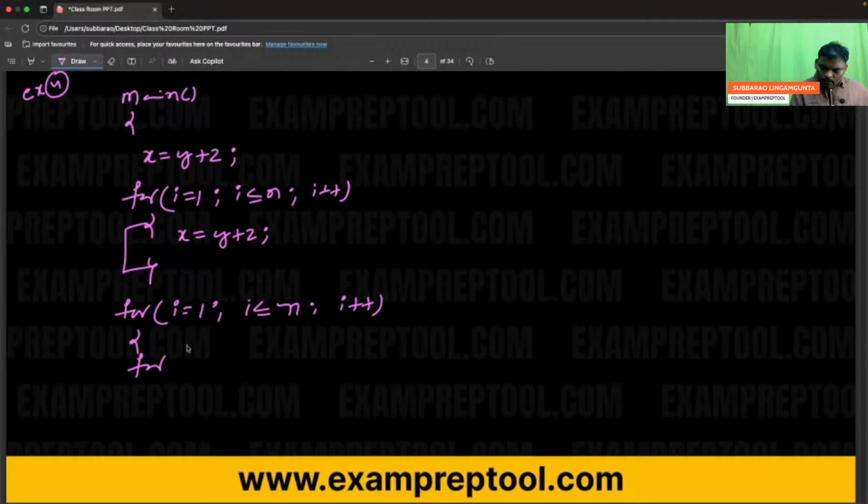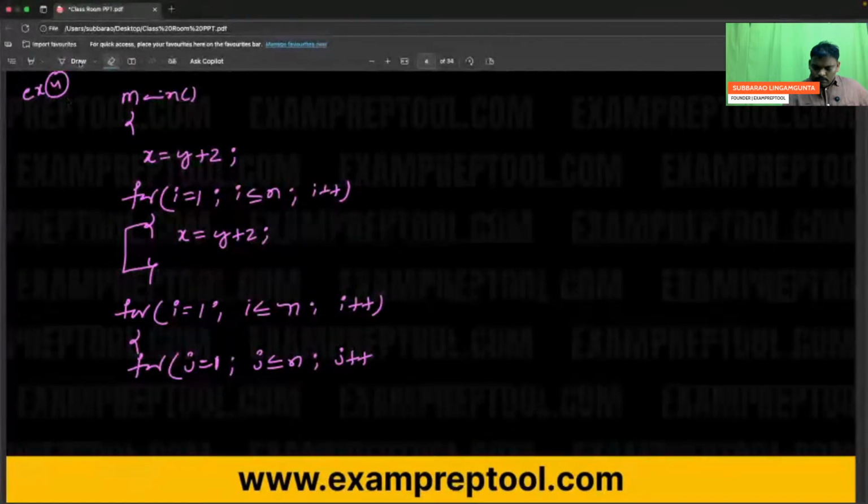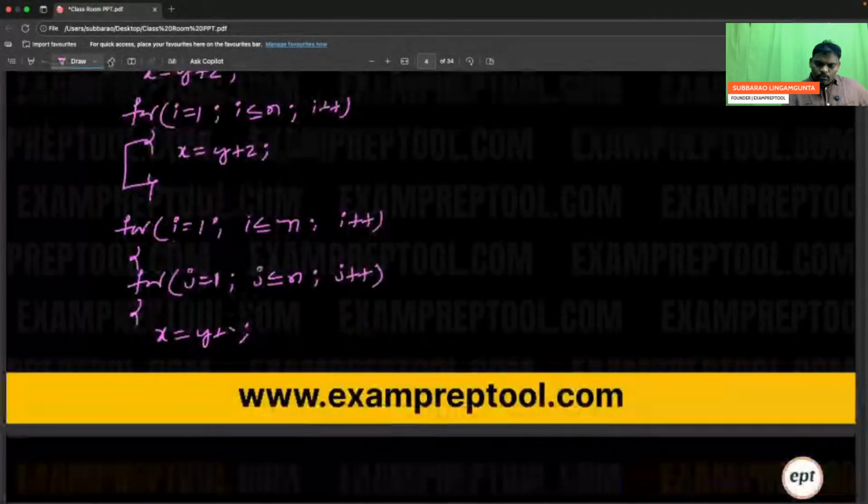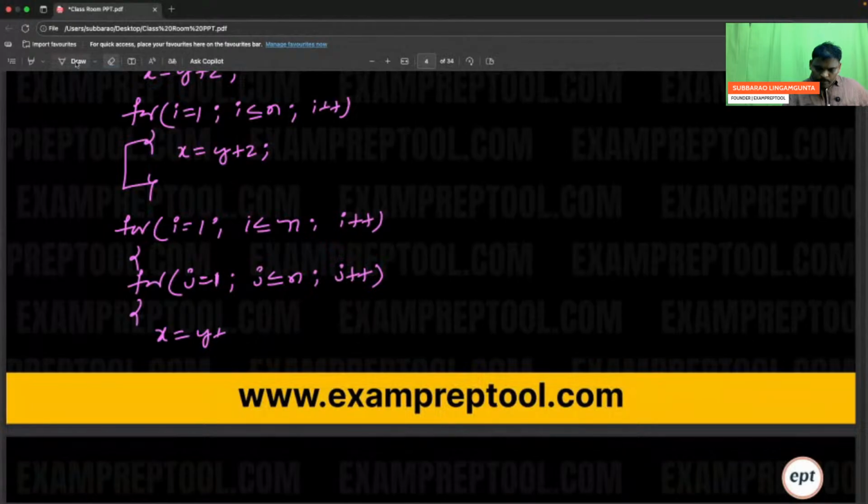For j is equal to 1, j less than or equal to n, j plus plus. x is equal to y plus z.